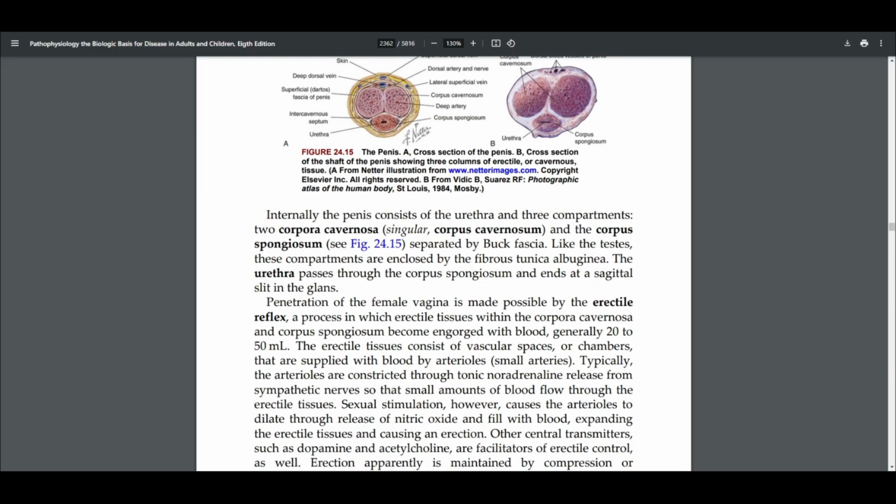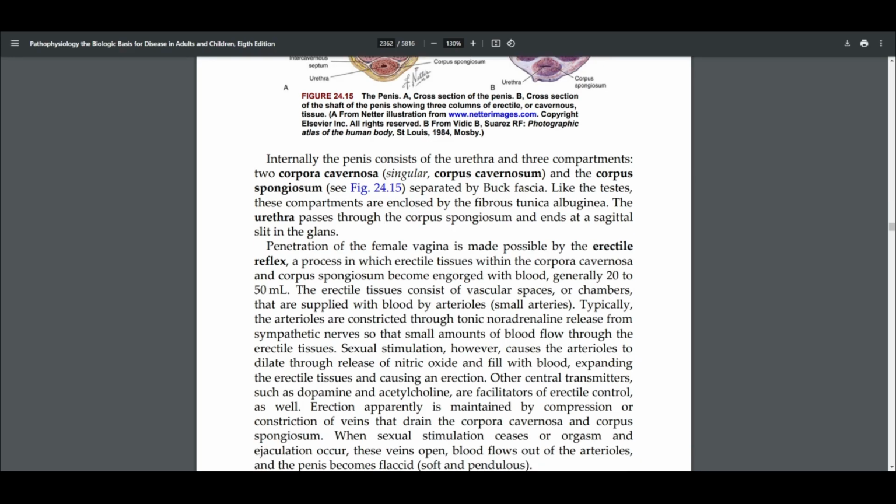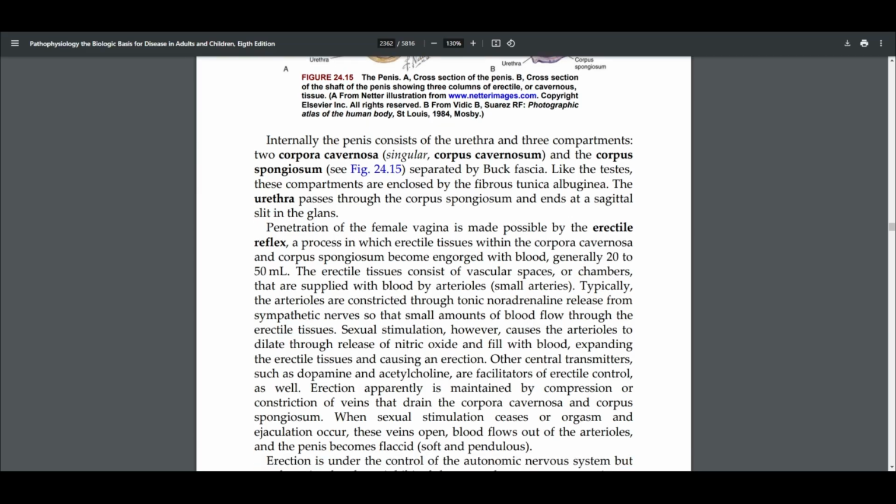Penetration of the female vagina is made possible by the erectile reflex, a process in which erectile tissue within the corpora cavernosa and corpus spongiosum becomes engorged with blood, roughly 20 to 50 ml. The erectile tissue consists of vascular spaces or chambers that are supplied with blood by arterioles.